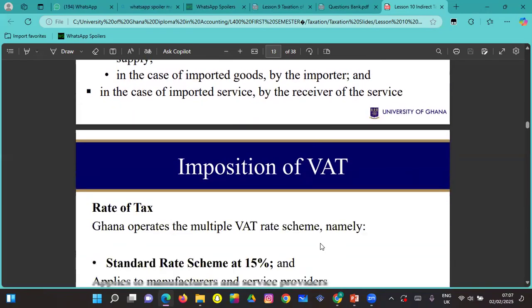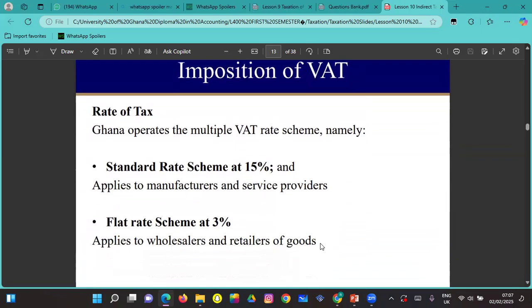This is straightforward. So, rates of tax. Ghana operates a multiple VAT rate scheme, namely the standard rate scheme at 15% and also a flat rate scheme at 3%. Sorry. So you see, the tax man is always smart.